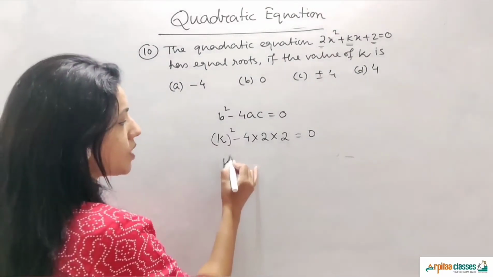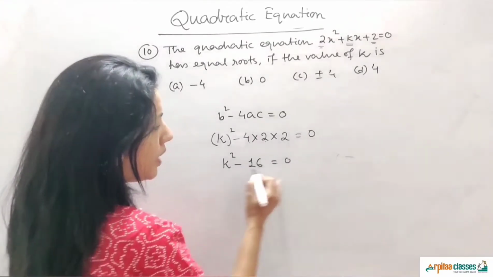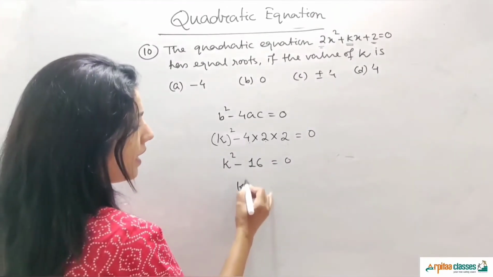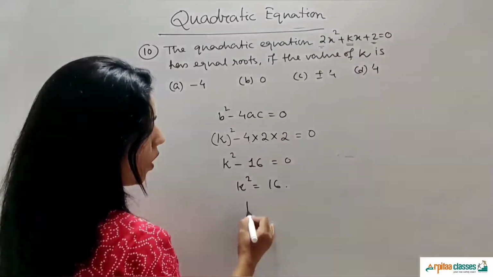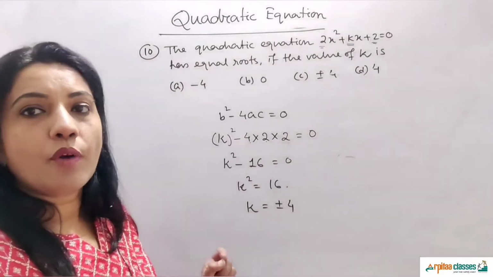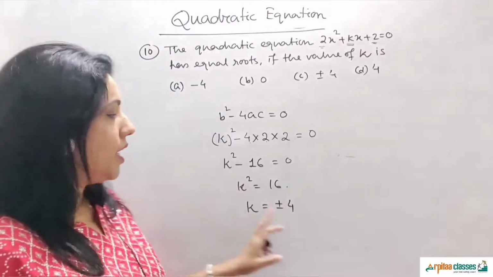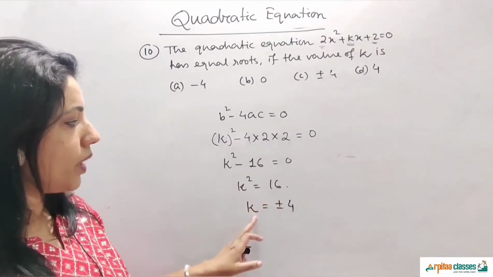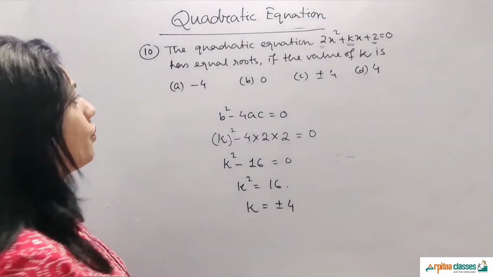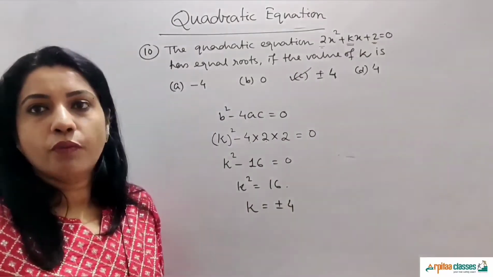So we are getting k square minus 4 2s are 8, 2s are 16 equal to 0. Send 16 that side. k square is equal to 16, or k would be plus minus 4. When you take the square root of any number, you need to take plus and minus both sides. So k is equal to plus minus 4. So we have option C here.